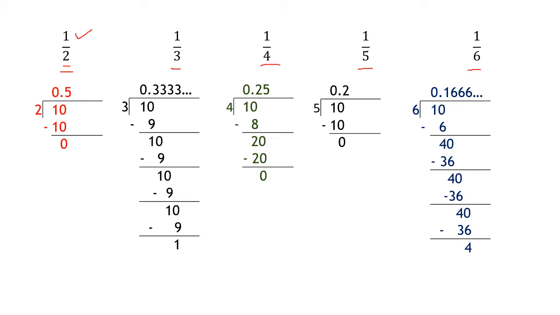Means I have to divide 1 by 2. So here I have done the division. When I put 1, 1 is smaller than 2. So I put a decimal point and put a 0. Then I get 2 5s are 10 and 0. So the answer of 1 upon 2 is what? You saw the answer of 1 upon 2 is 0.5.